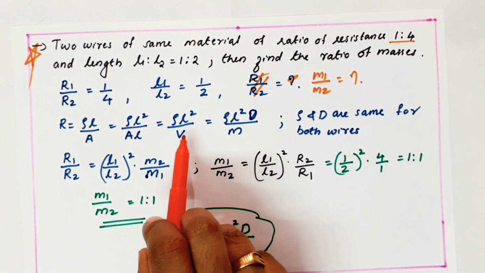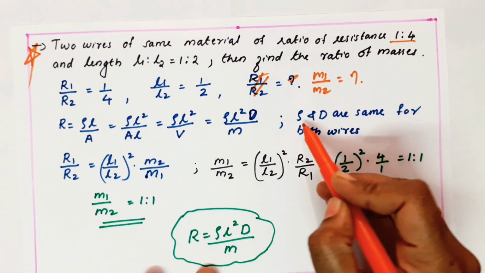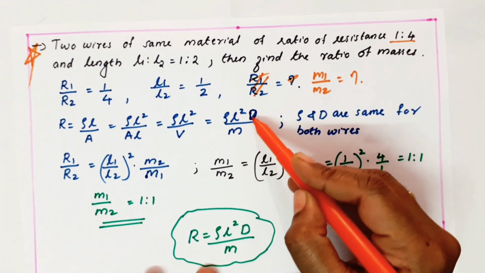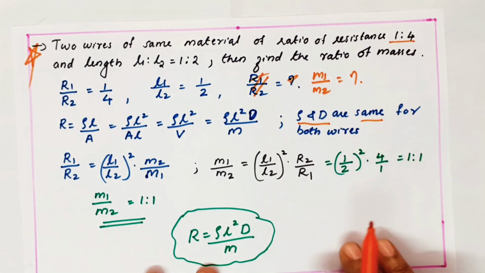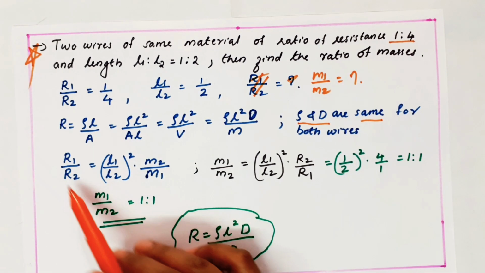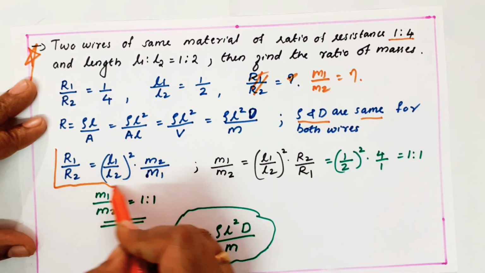So I am changing volume in terms of mass by density. Density is equal to mass by volume. Therefore volume is equal to mass by density. In this we know that rho and d are constant because both the wires are the same material.